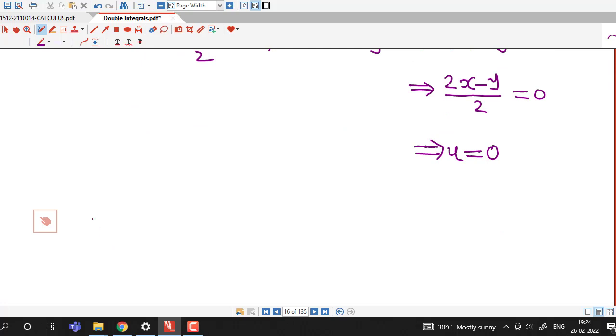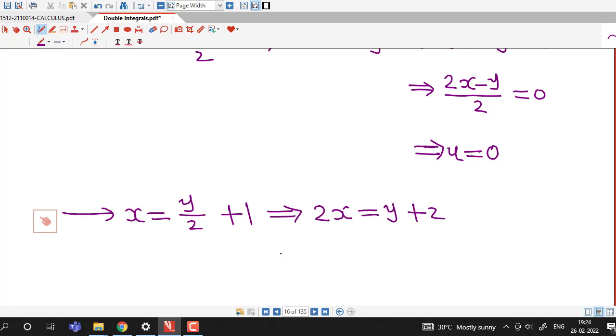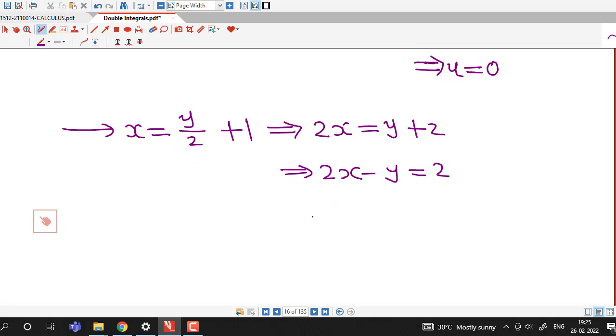Similarly, we can decide the curves corresponding to each curve in the xy plane. x equal to y by 2 plus 1. If I multiply this whole equation by 2, I will obtain 2x equal to y plus 2. This gives me 2x minus y equal to 2.